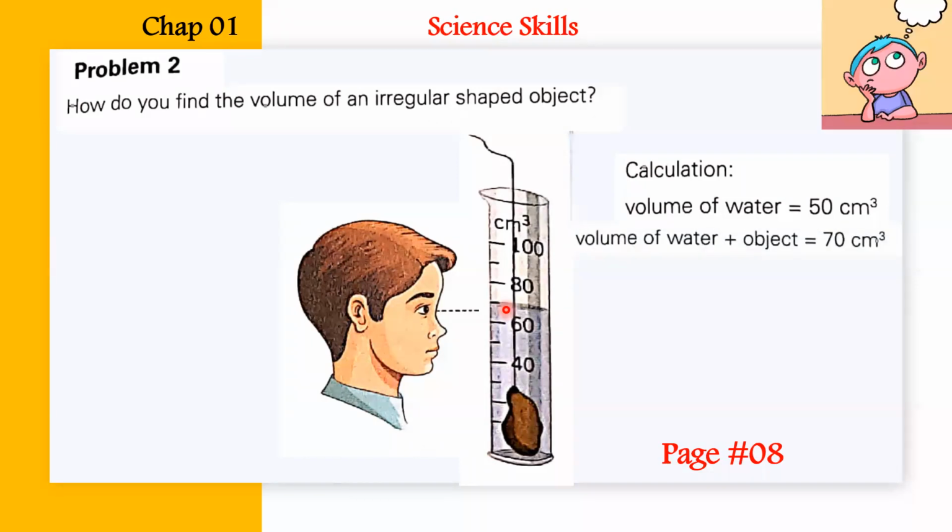Now you have to subtract the initial value from the final value. You have to subtract 50 from 70, and you will get 20 centimeter cube, which will be the volume of that irregular shape. Understand? Yes, sir.